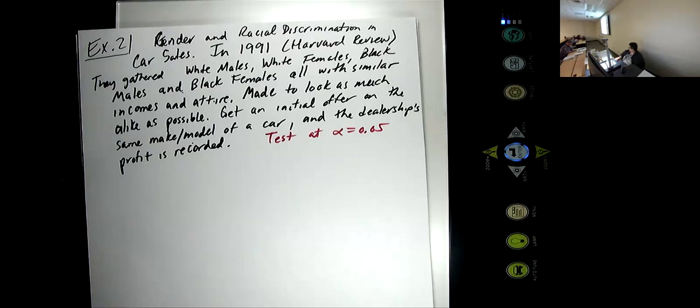These people are going into a dealership to try to buy a car. They're going to show interest in a car, and they're going to see what the dealer offers, what price they offer initially. This is without any haggling, no negotiating yet. If they were actually going to buy the car, you would hopefully try to negotiate down. The same car?